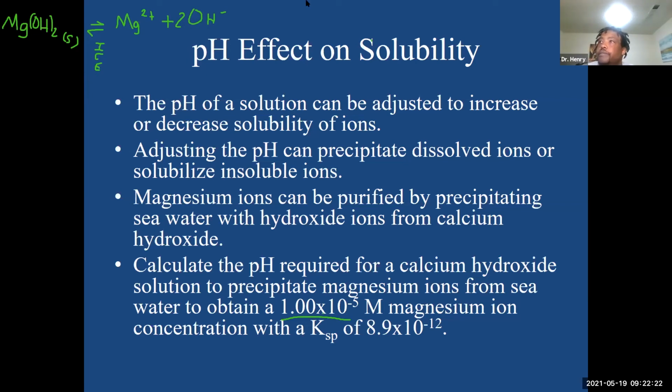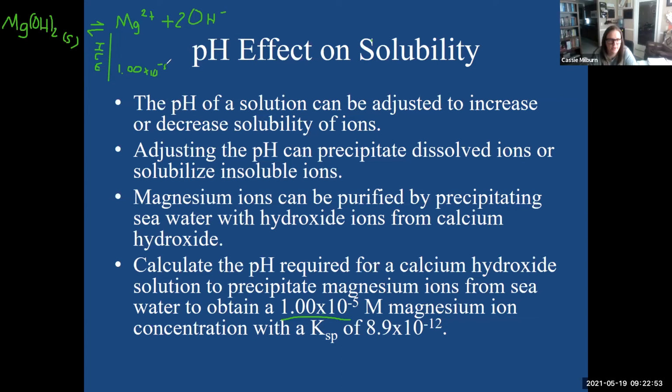Okay, so what we're trying to figure out is this: this is what we're going to have at equilibrium. That's our goal. We want 1.00 times 10 to the minus 5.